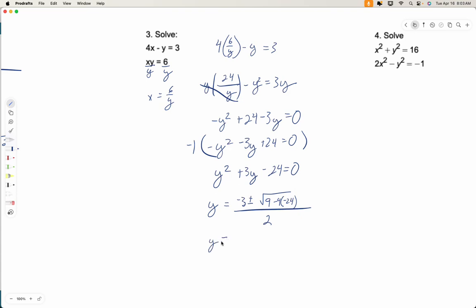So y is equal to negative 3 plus or minus the square root of, that's 96 plus 9 would be 105.